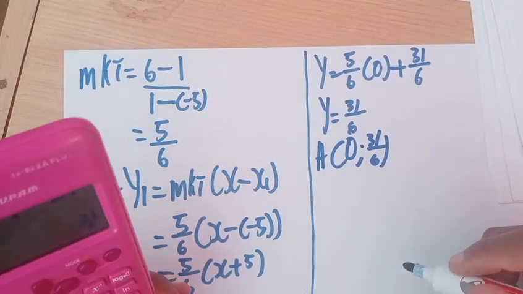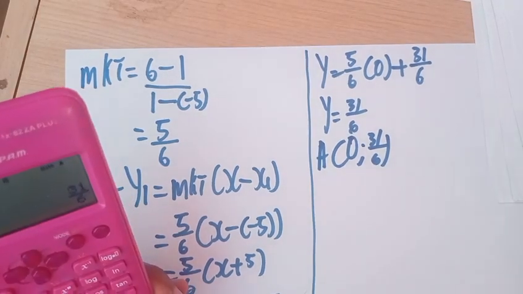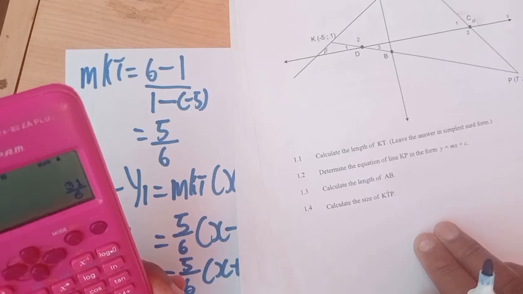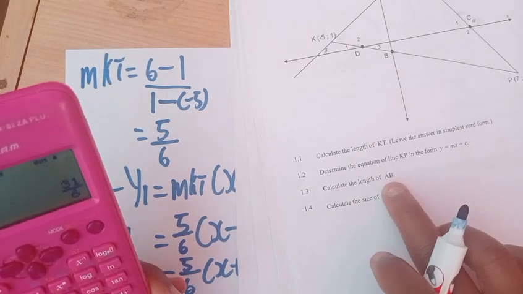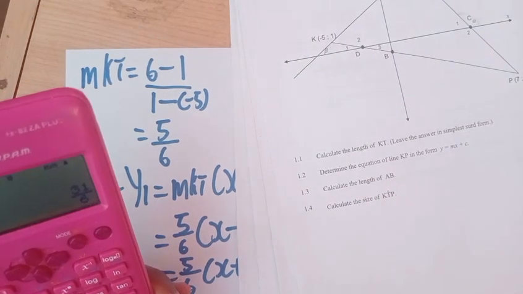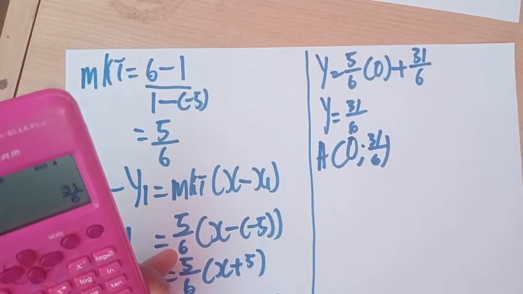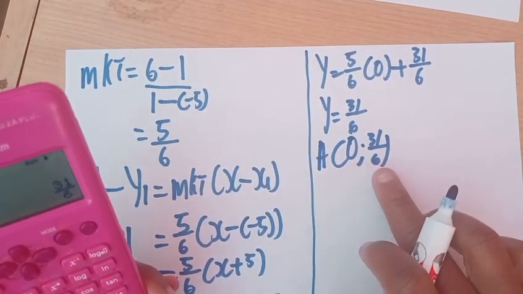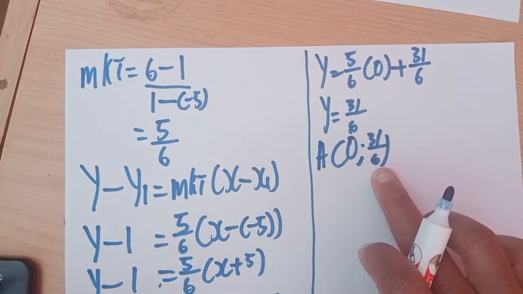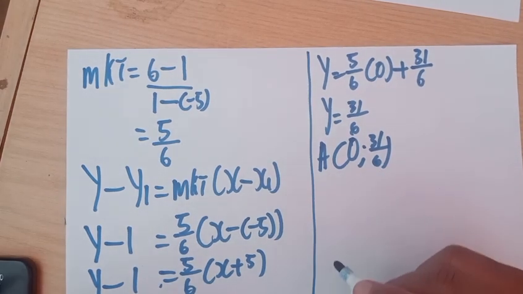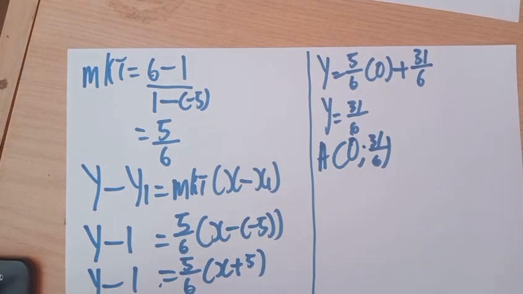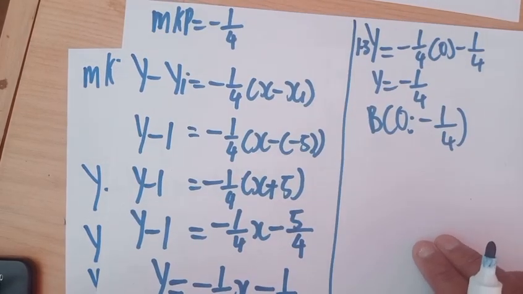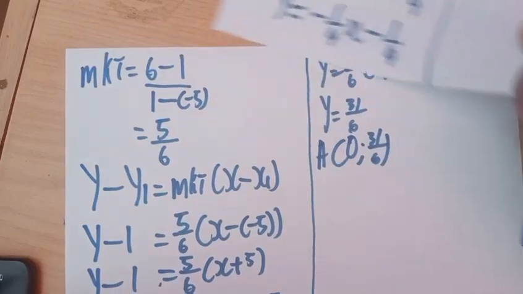So guys, look at this. What did the question ask from you? It looked for the coordinates of A and B. So the coordinate of A is 0 and 31 over 6. And the coordinate of B is 0 and negative 1 over 4.